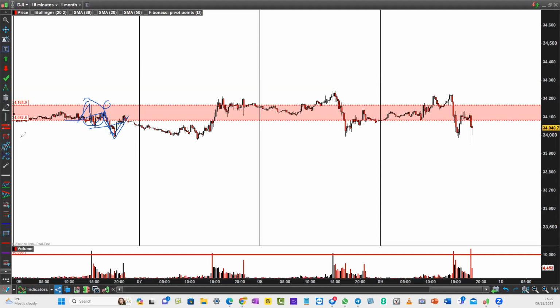I love Elliott wave, so surprise, surprise, I'm counting these waves in an Elliott wave fashion. We ended up with a very short 1, 2, 3 on the Tuesday. We ended up with a 1, 2, 3 on the Wednesday, and pretty much a carbon copy.